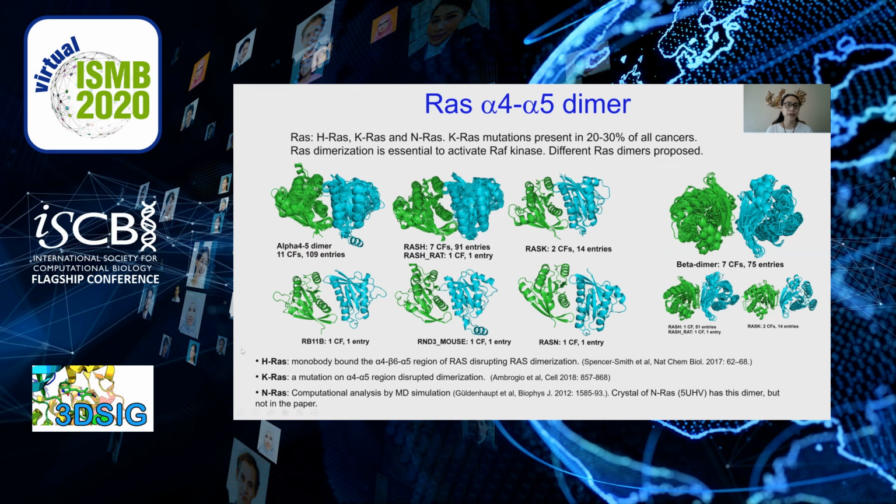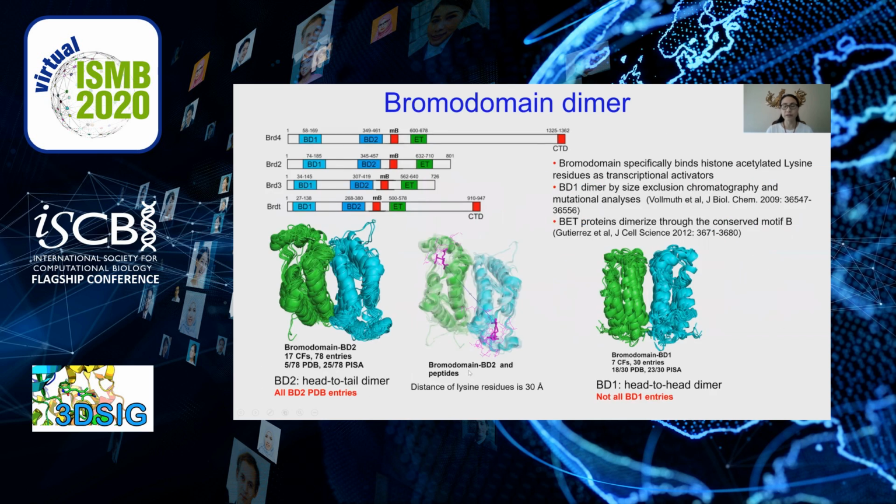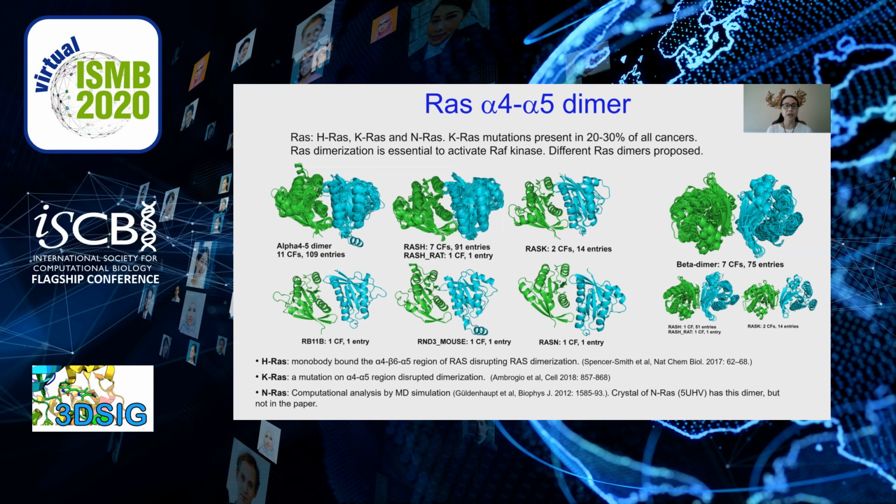From literature, changes in the alpha-4, alpha-5 region of HRAS and KRAS can disrupt RAS dimerization, and computational analysis by MD simulation also shows NRAS can form this alpha dimer. So we proposed this RAS alpha dimer is a biological one.